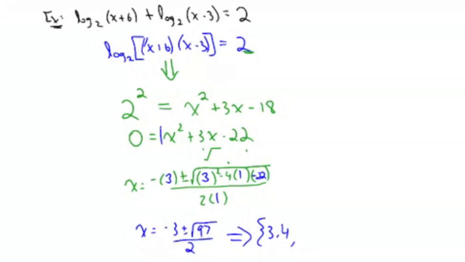The other one is, change it to minus, divide by 2. Negative, that can't be right. Oh, I guess it is. Negative 6.4. Negative 3 minus the square root of 97 divided by 2.